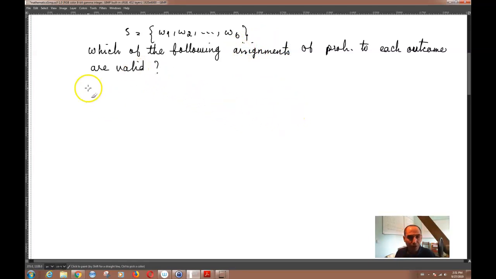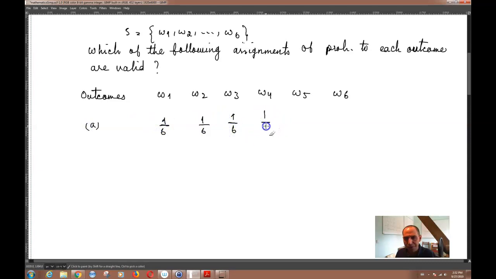So you have your outcomes here as omega 1, omega 2, omega 3, omega 4, omega 5, and omega 6. And A would be 1/6, 1/6, 1/6, 1/6, 1/6, and 1/6.